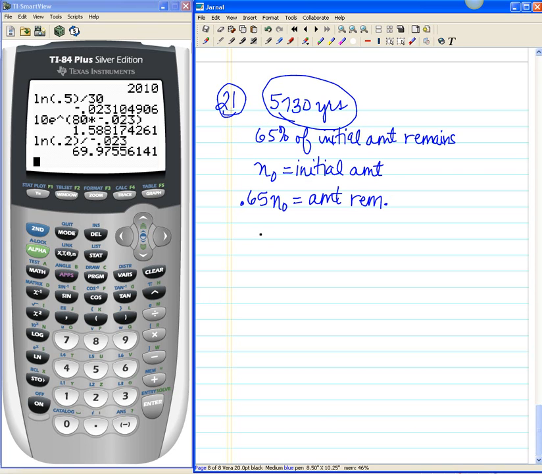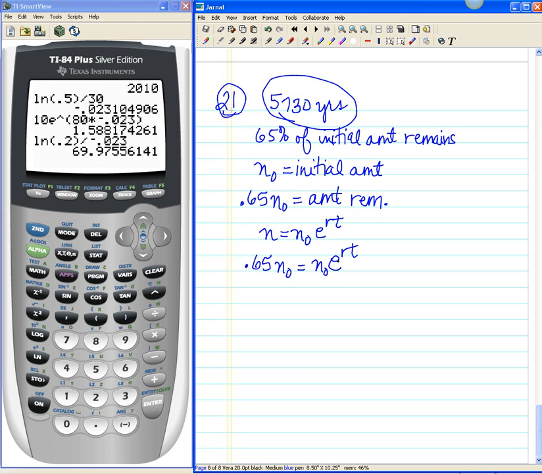So we would have N is equal to N sub 0 times e to the rt. So our N, our output value, is 0.65 N sub 0 is equal to N sub 0 times e to the rt. Okay, and we don't know what r is yet. I need to back up and find that.